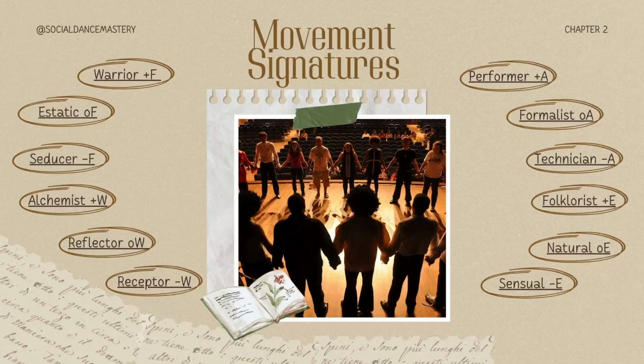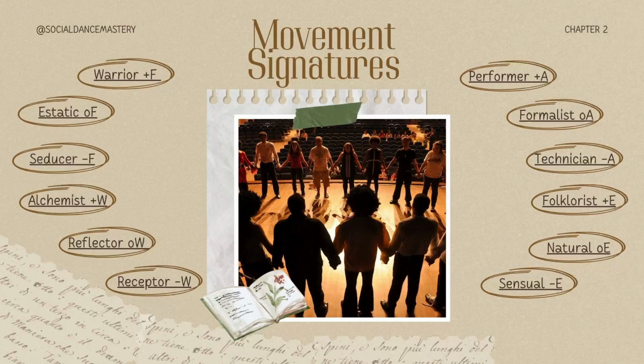So, when you combine elemental movement with movement charge, you get something truly special, which is called movement signatures. Movement signatures are 12 in total, each representing a unique energetic identity. If you think about it, each element has 3 charges, and there are 4 elements.